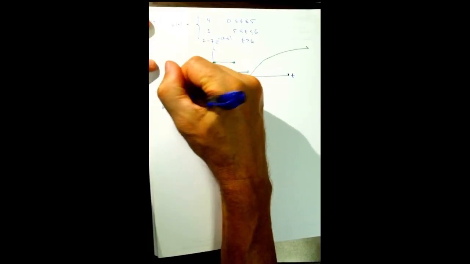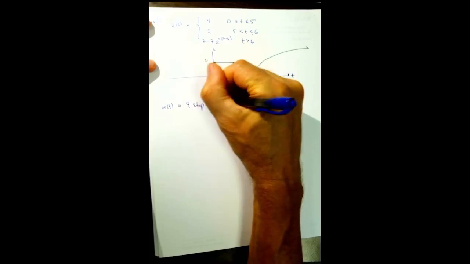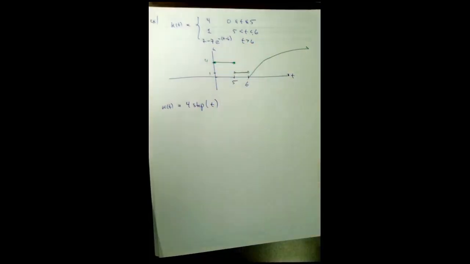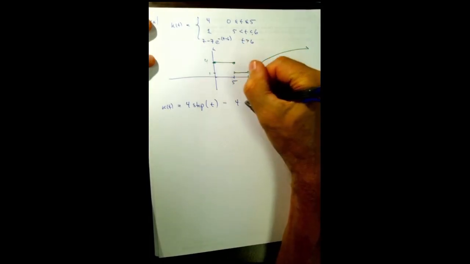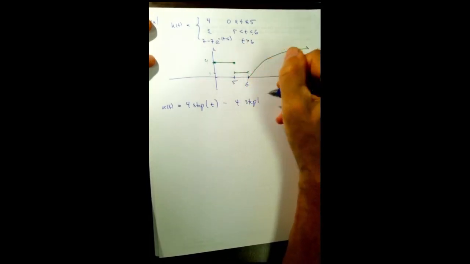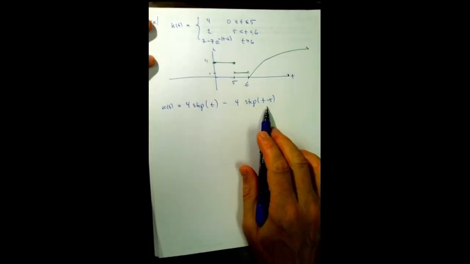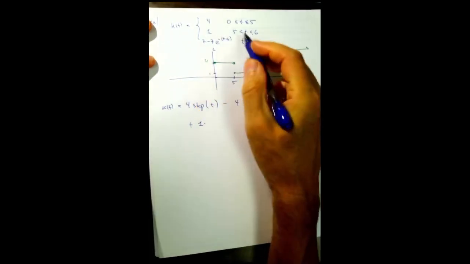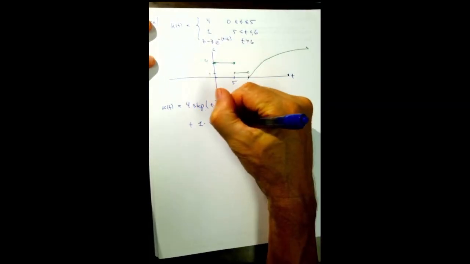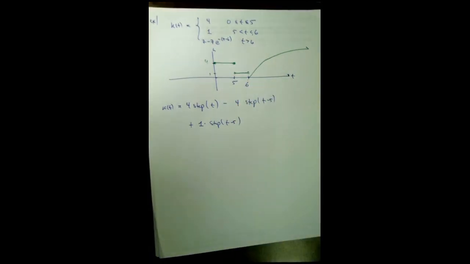So my k of t is going to be 0, but then at t equals 0, it's going to jump to 4. At t equals 5, that needs to turn off, so I'm going to subtract 4 times the step function at t minus 5. But then I need to turn on this 1, and that's going to turn on at t equals 5.